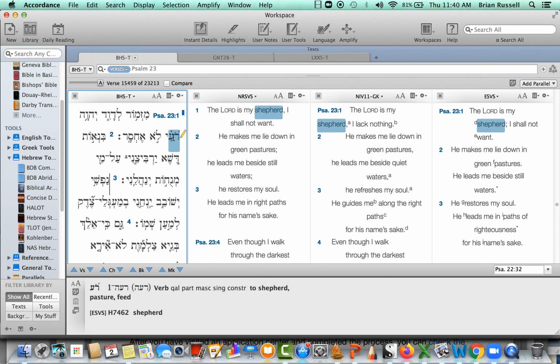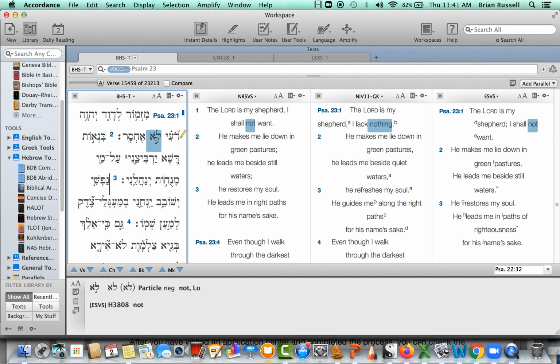And our English translations are all taking this as just a noun. And so it's like the one shepherding me, my shepherd. Literally, it's the one shepherding me. But this is my shepherd, and so this would be an example of a substantive participle. So this would be 3.4.3c.